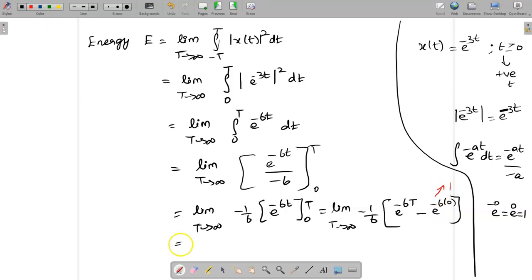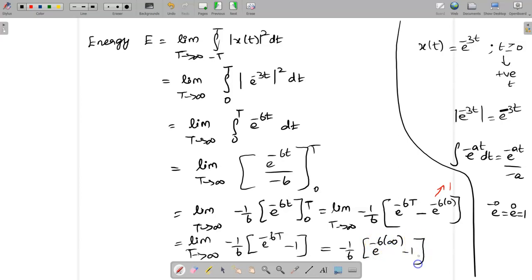So I have limit T tends to infinity, minus 1 by 6 as it is, e power minus 6T and e power 0 is 1, so minus 1. Now wherever I have capital T, I substitute T tends to infinity. So minus 1 by 6 into e power minus 6 into infinity minus 1. 6 into infinity is infinity, so e power minus infinity is 0.